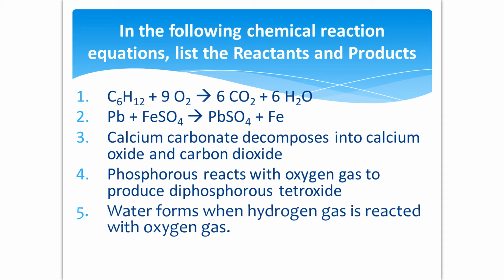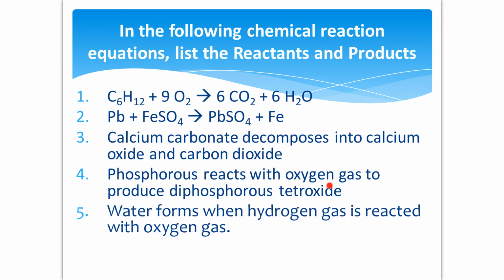In some cases, if you want to highlight something, you list it at the beginning of the sentence. So you could have products listed at the beginning of the sentence. Here's an example: water forms when hydrogen gas is reacted with oxygen gas. In this case, "water forms" is the clue that this is the product. In this one, calcium carbonate decomposes into calcium oxide, so these are my products.